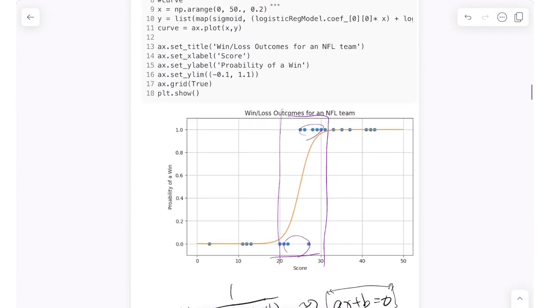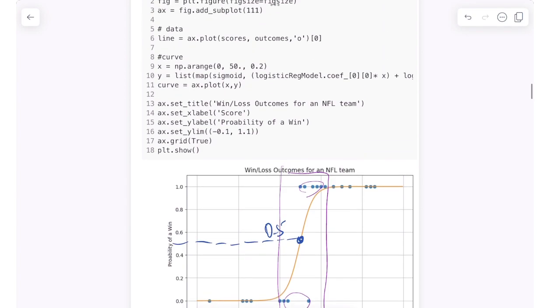There is an interesting question: after we have this, what is the score at which the probability of a win is 0.5? If the y value is 0.5, that means the e term should be equal to 1, so that's 1 over 2, right? But how do we calculate that?